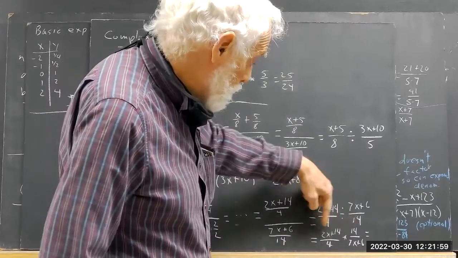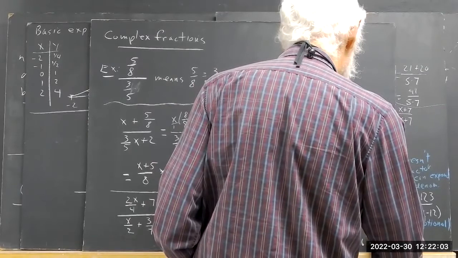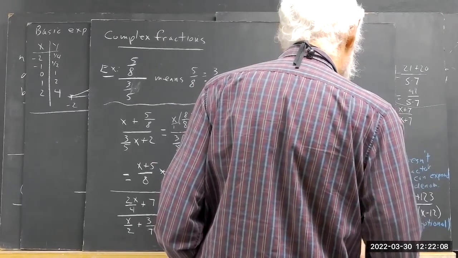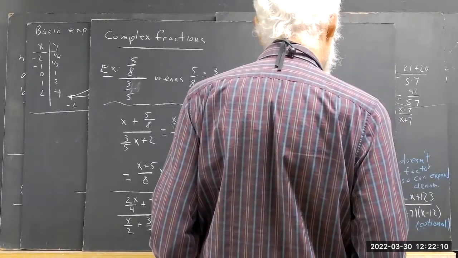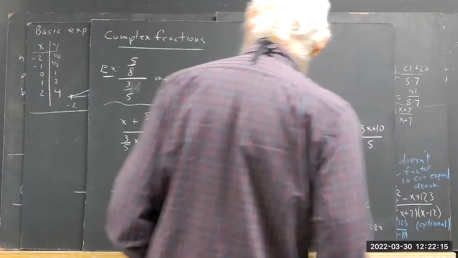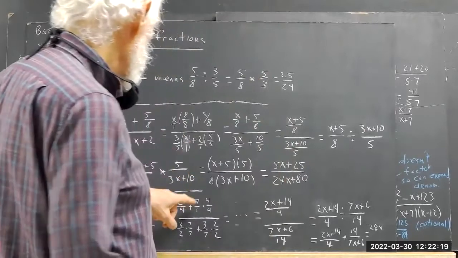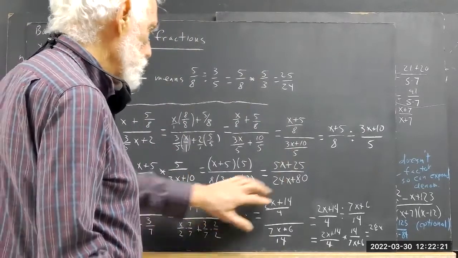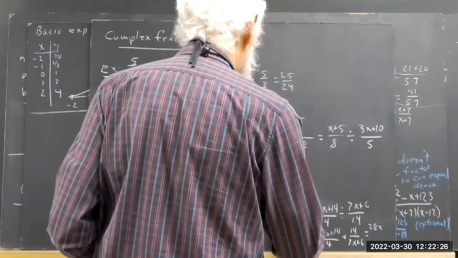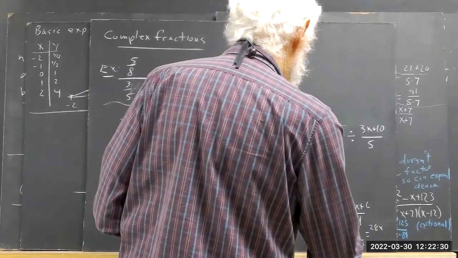And if I multiply 14 by 2x plus 14, I get 28x. Is that really 2x plus 14? That's 2x plus 28, isn't it? Yeah, 7 times 4 is 28. So that 14 is 28.